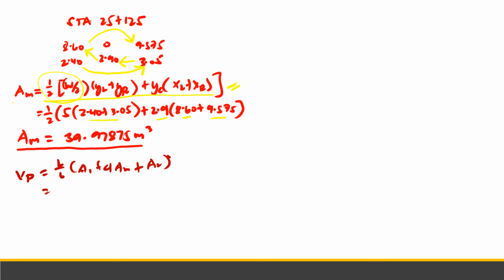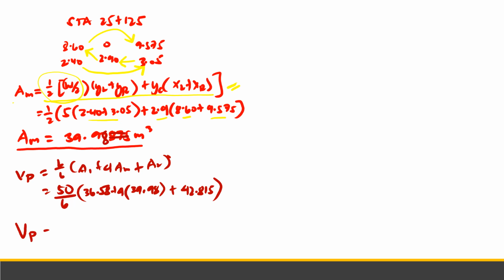L is 150 minus 100, over 6 times area 1, which is 36.58, plus 4 times the area middle, which is 39.98, and then plus area 2, which is 42.815.